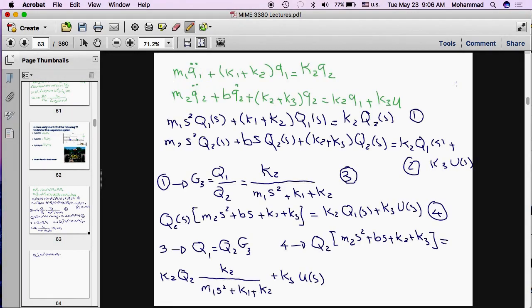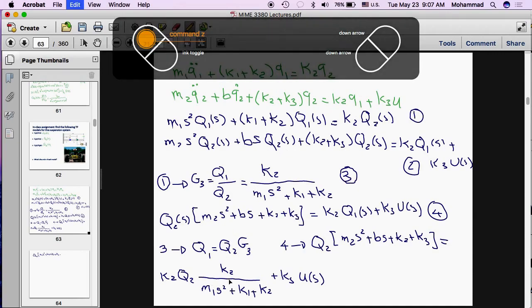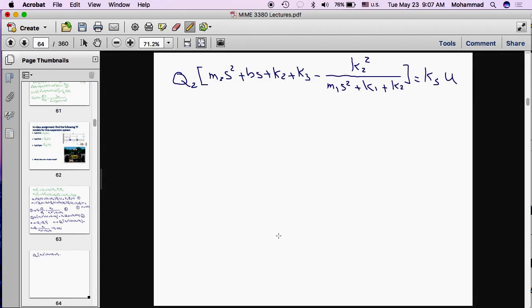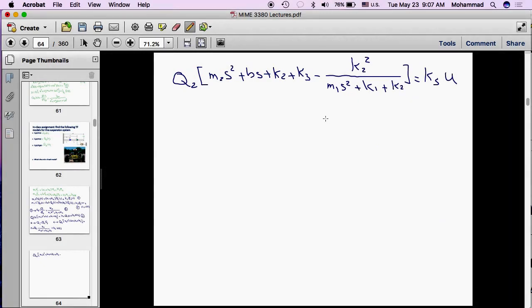Let's go back. I factored all the Q2 terms. Now I took the term from the right-hand side to the left-hand side and changed the sign. So the third term will turn into K2 times K2, which is K2 squared, over M1 S squared plus K1 plus K2, with a negative sign.